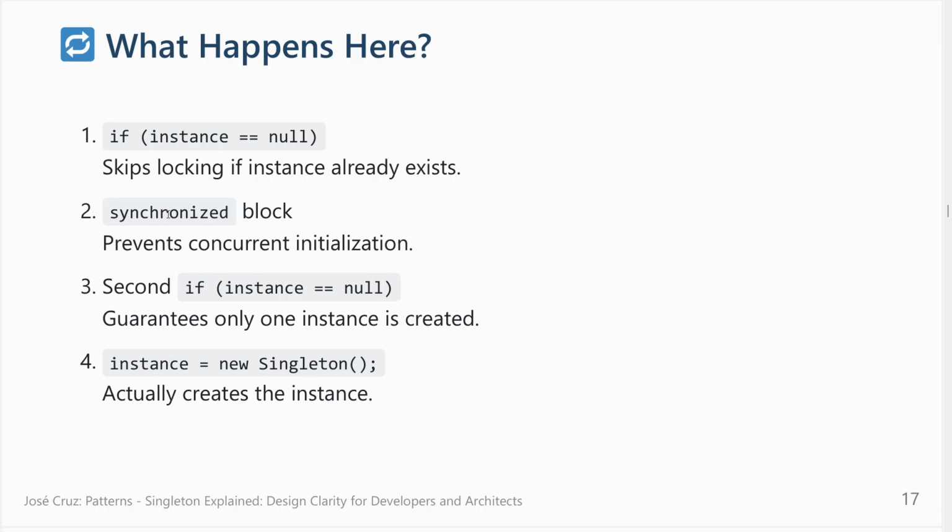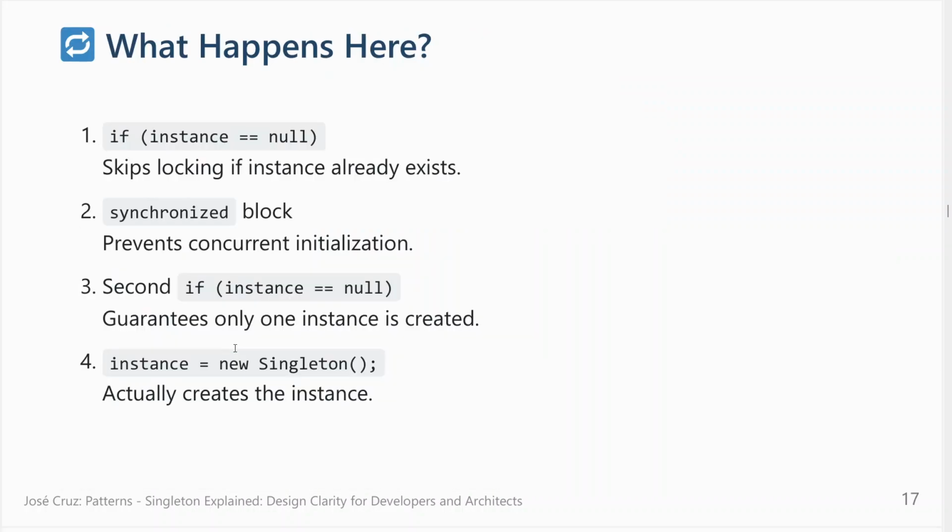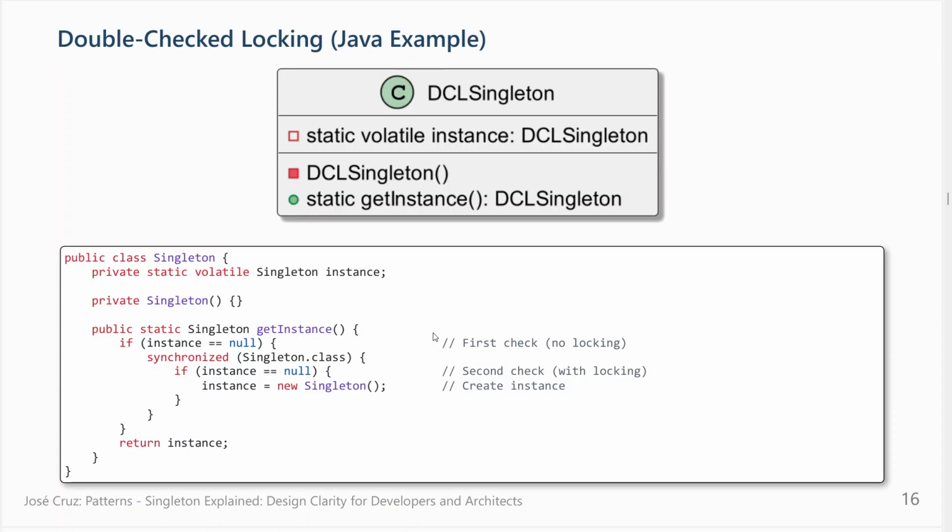On step 2, which is inside, which means it was null, the synchronized block prevents concurrent initialization. Of course, that's the main definition of this word in Java. And second, the second instance equals null check guarantees only one instance is created. That's why it's called double checking, because even inside we still put this equals null.